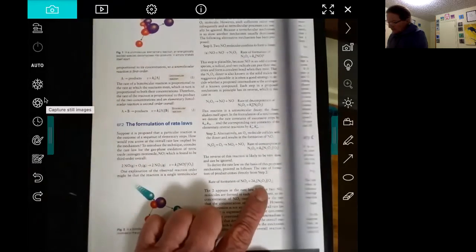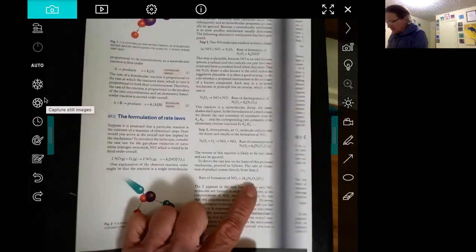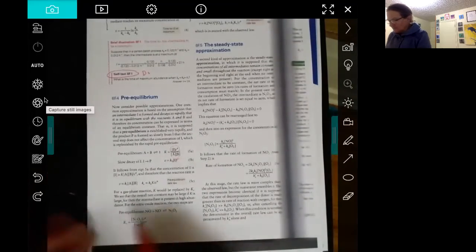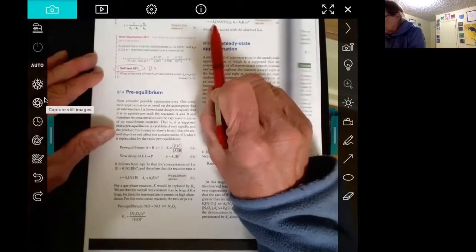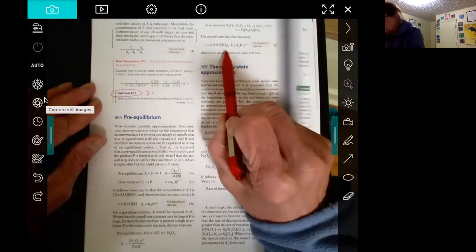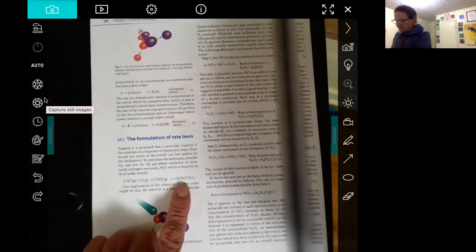Oh, in here, so from our mechanism, the rate of the reaction is 2 times Kb times this intermediate times O2. So if you solve for that intermediate as a function of the pre-equilibrium, take the NOs over here, then you end up with an overall rate law that's rate constant times NO squared times O2. And that matches, right, the experimental rate law. It does.